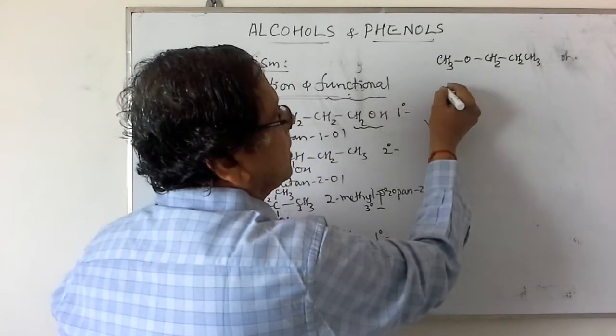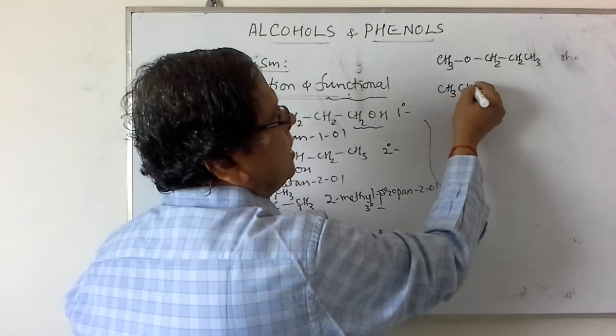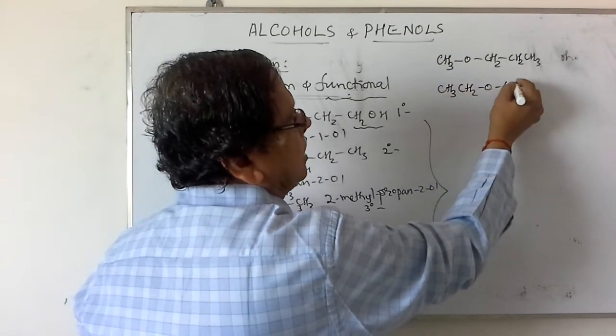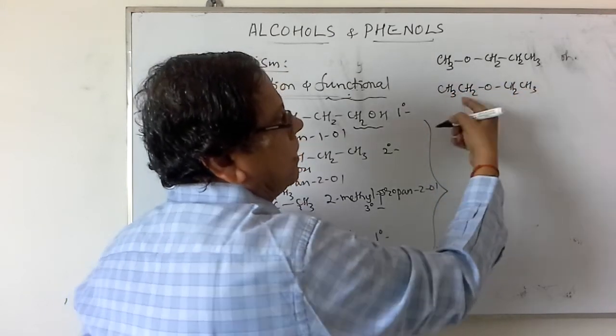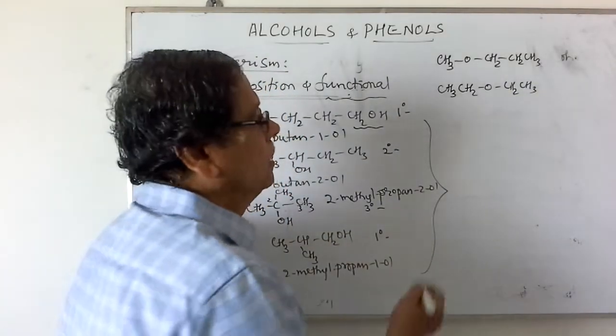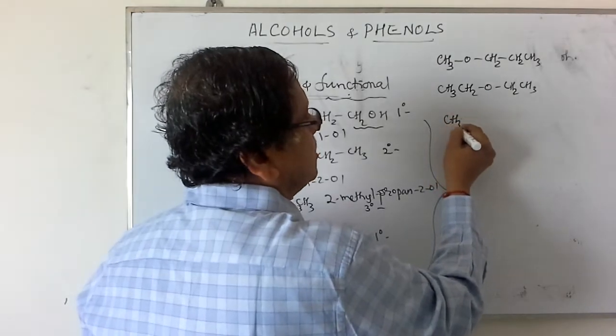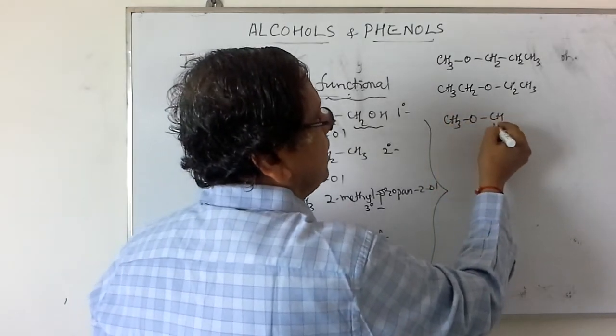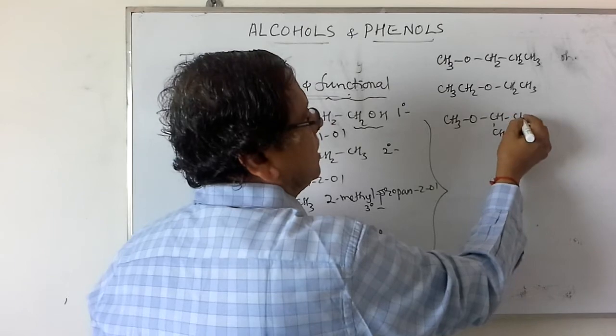The other one is CH3, CH2O, CH2, CH3. This is diethyl ether or ethoxyethane. We can write one more example, CH3O, CH, CH3, CH3.